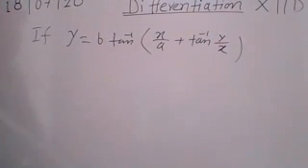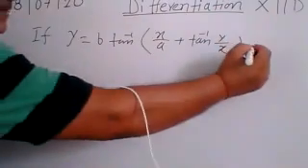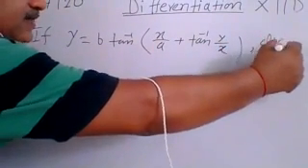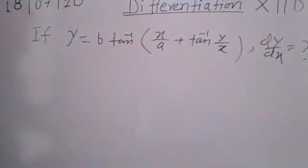Okay, y is equal to b tan inverse x by a plus tan inverse y by b. Find dy by dx. Here you have to find the value of dy by dx. That is required.